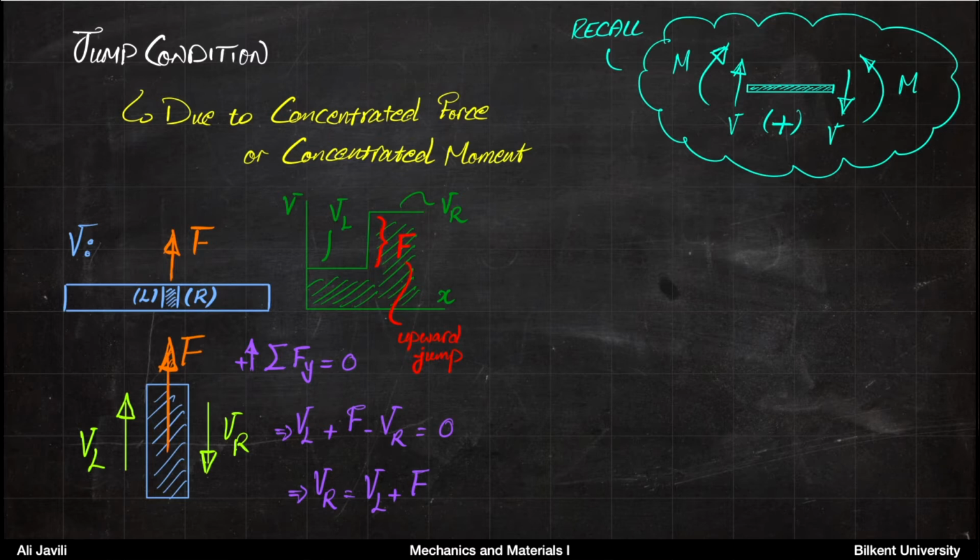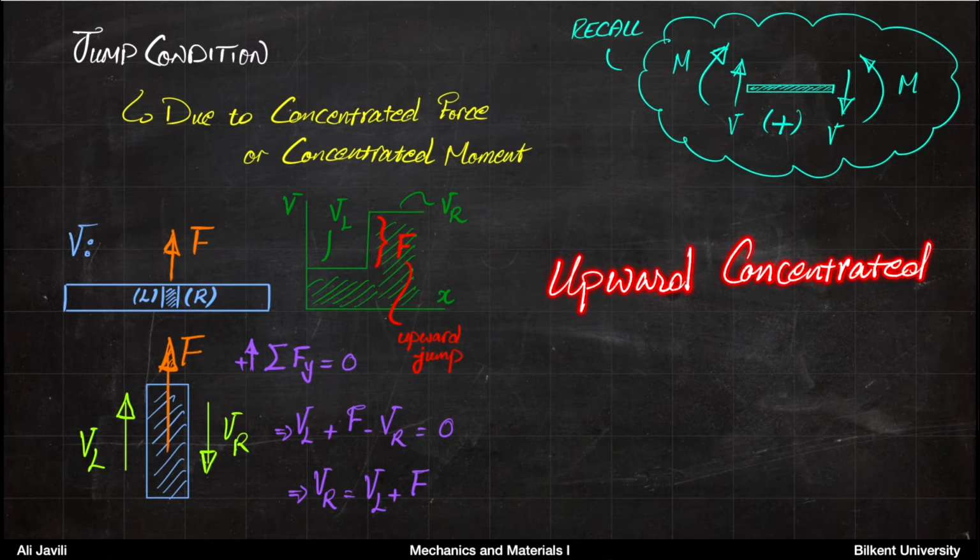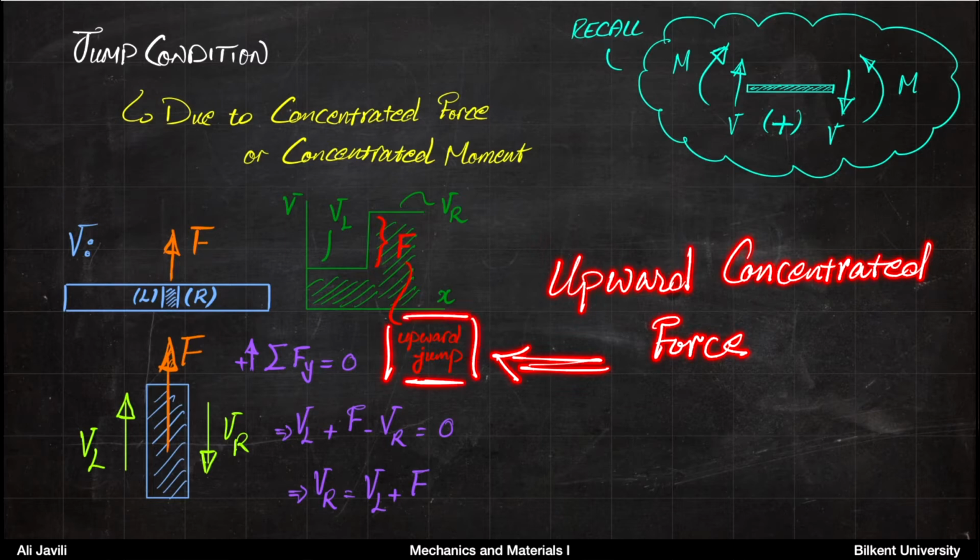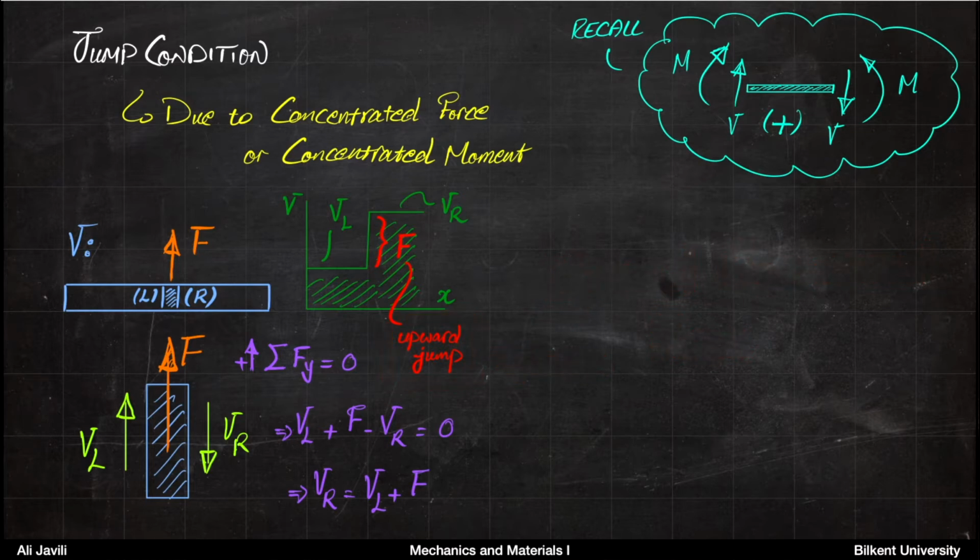Basically what we learned here is that an upward concentrated force will result in an upward jump in your shear diagram. So this was the case for the shear force.